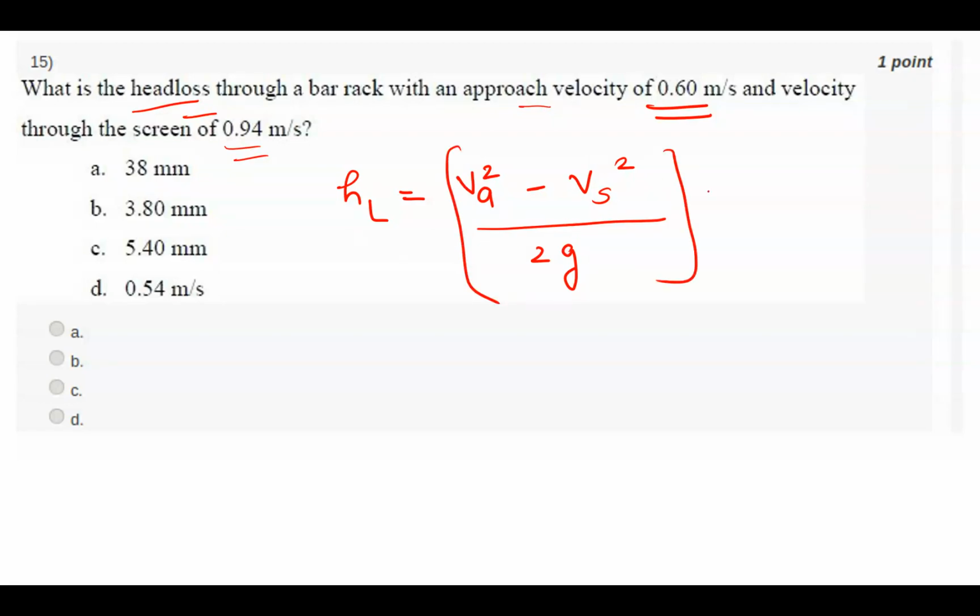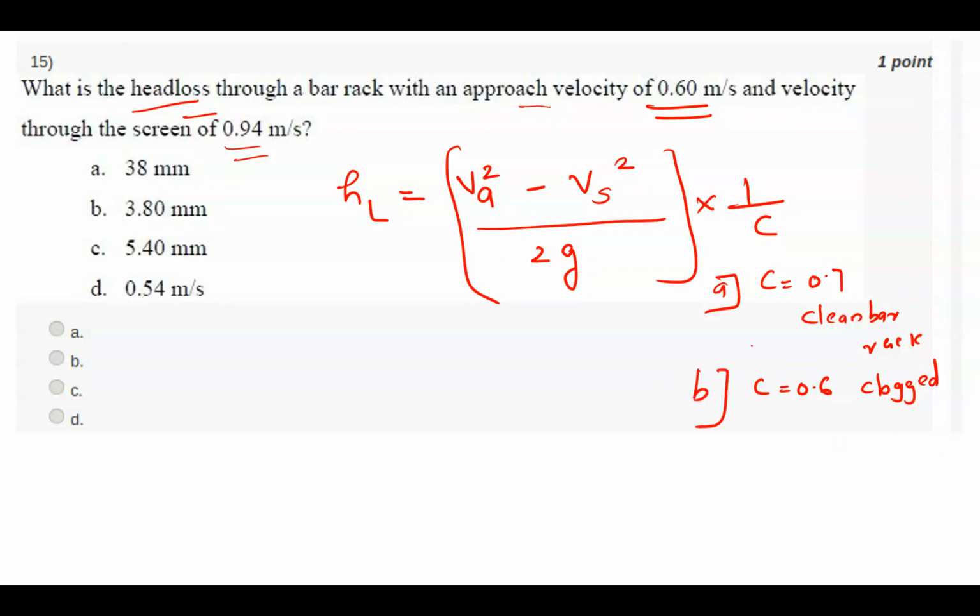Normally you can calculate this way also, which is more accurate, multiplied by 1 by C. C equal to 0.74 for clean bar rack, and C equal to 0.64 for clogged. So you calculate in two ways: with the clean bar rack, and second with the clogged one. We get two answers, then we match with the options given below.